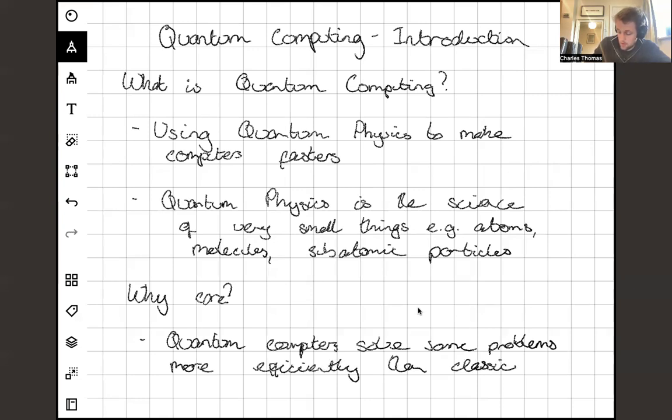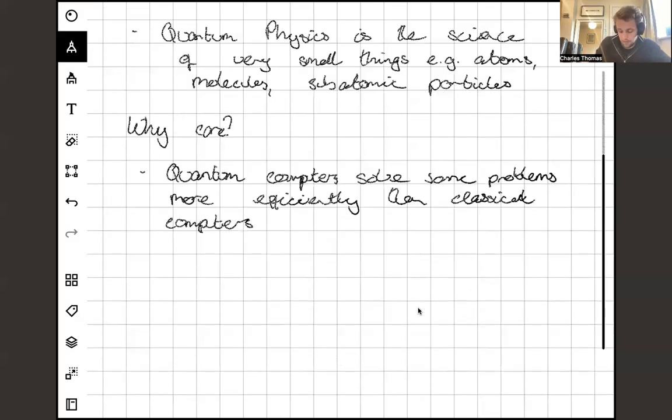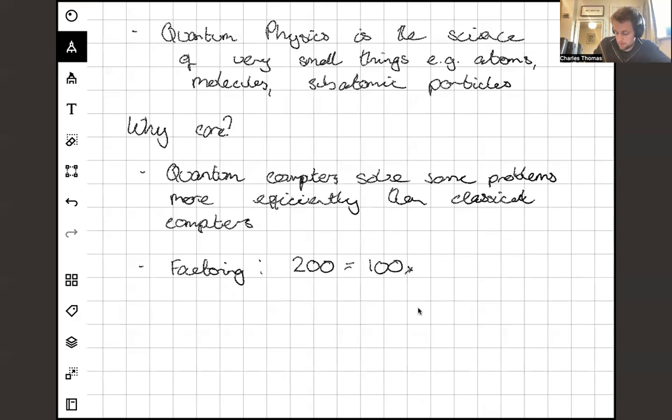So an example of this is factoring. So this is taking some number, say 200, and writing it in terms of other smaller numbers until we can't go any smaller.